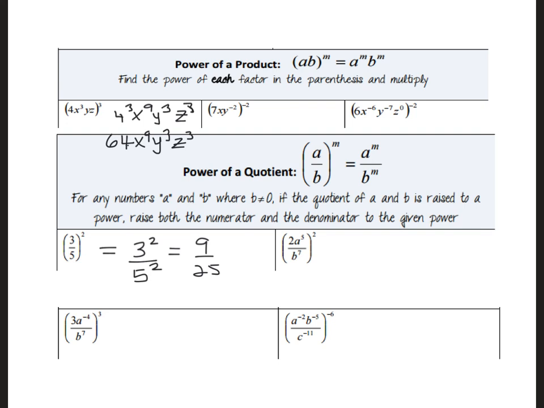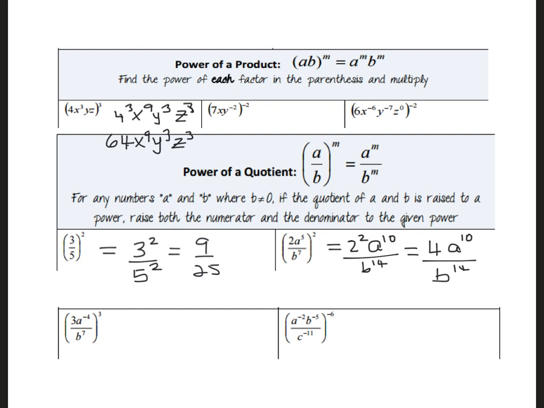In the same way, you can do this one. This is going to be 2 raised to 2, a raised to 10, and b raised to 14. And this could be simplified more: 4a raised to 10 and b raised to 14.